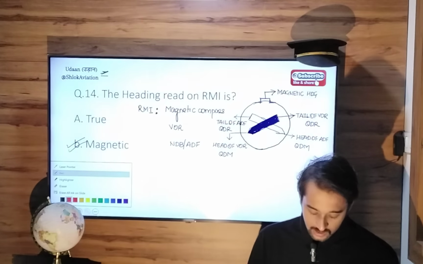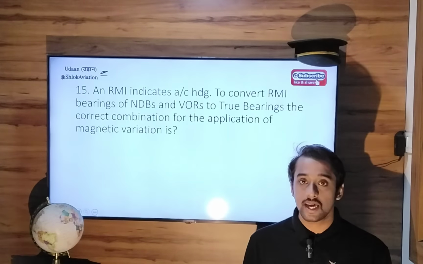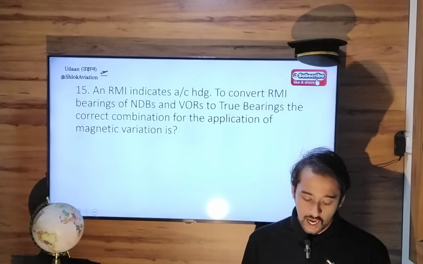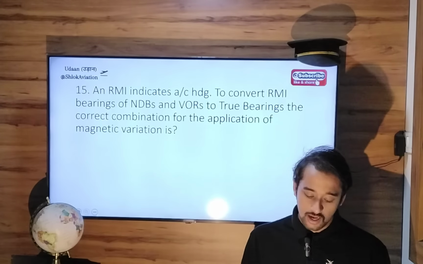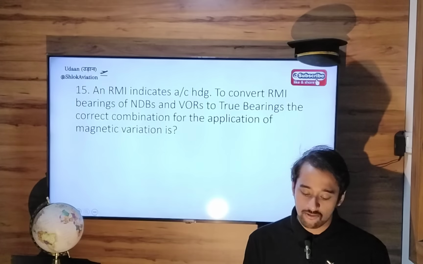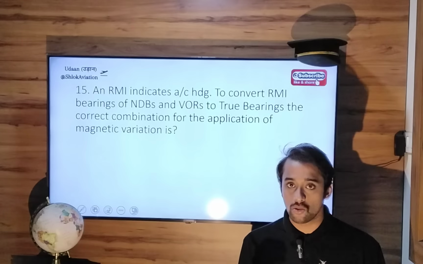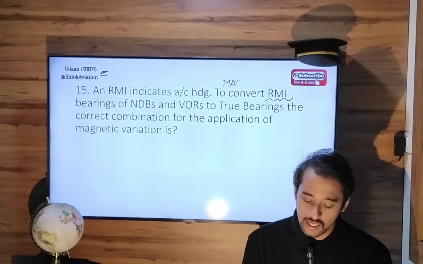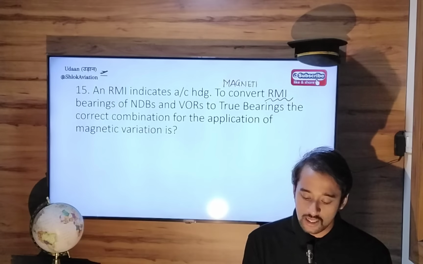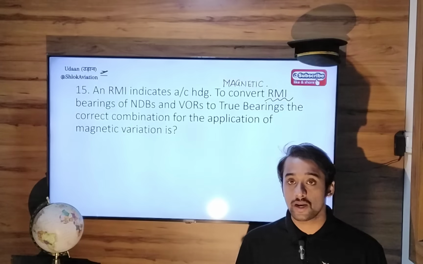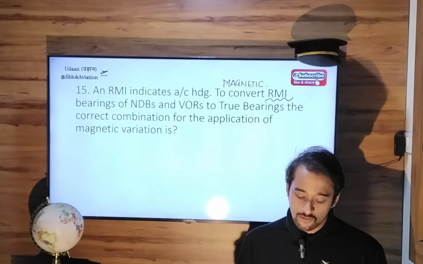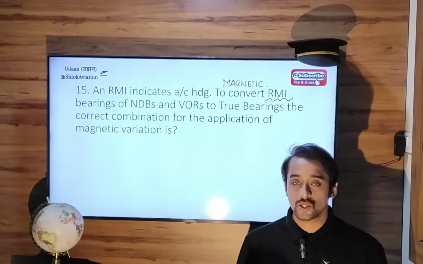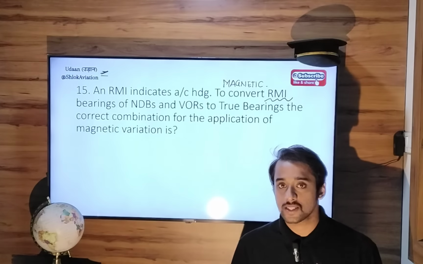Next question. An RMI indicates aircraft heading. To convert RMI bearings, that is track of NDB and VOR, to corresponding true. Now RMI indications are all magnetic in direction. Now to convert this magnetic direction into corresponding true directions, what will be the correct combination? So there will be options given to you.